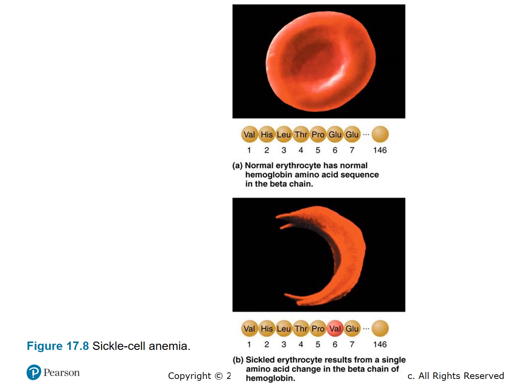Whereas in figure B, there's been a mutation, and the result is at position number 6, there's a valine instead of a glutamic acid. These are 2 completely different amino acids, and because there are so many hemoglobin molecules per red blood cell, the result is this sickle shape of the red blood cell.